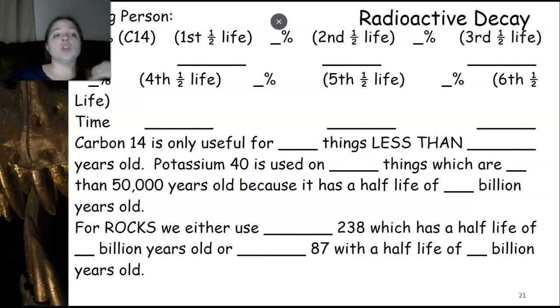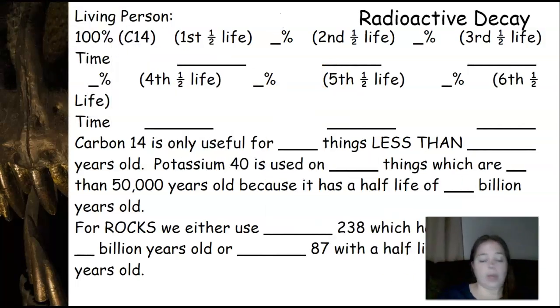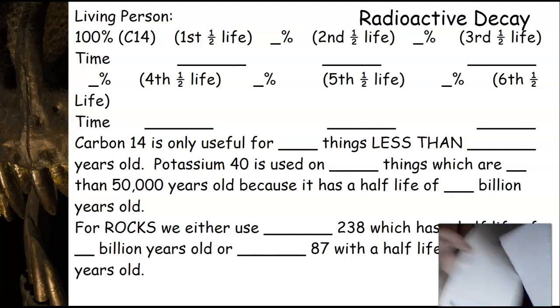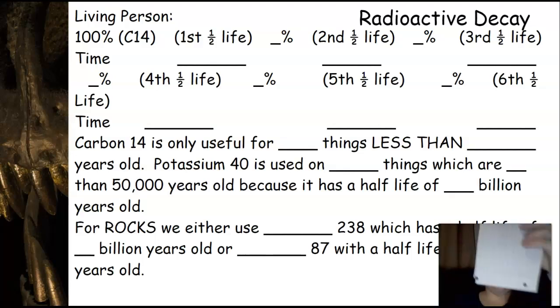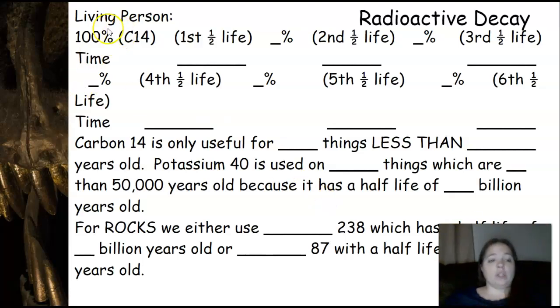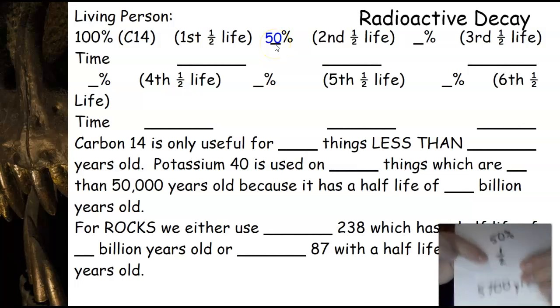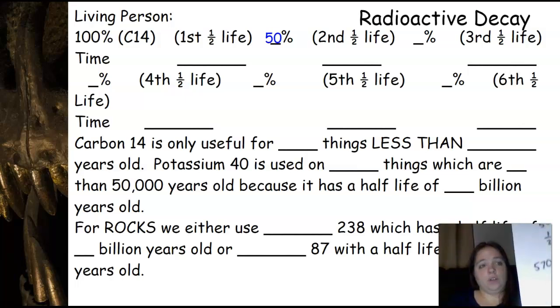All right. So this is where that piece of paper comes into play. What I need you to do is take that piece of paper, fold it in half, and cut it in half. You're going to take one of those pieces of paper and write down all of this information. So what are you going to write down? Well, at the first half-life, which is 50%, that's 5,700 years.